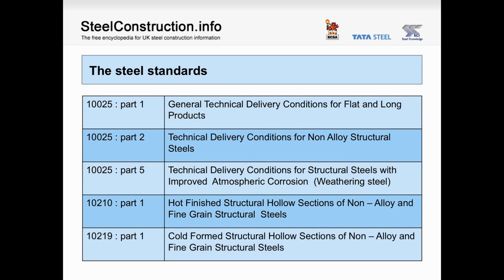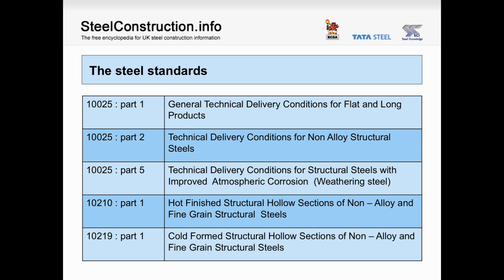Moving on now to consider how we specify steel, and starting with the steel standards. The language used here may feel a little bit alien. A long product to an engineer is a UKB or a UKC, and a flat product is plate. In building design, on the whole, we're dealing with non-alloy structural steels. Most project specifications will refer to three steel standards.